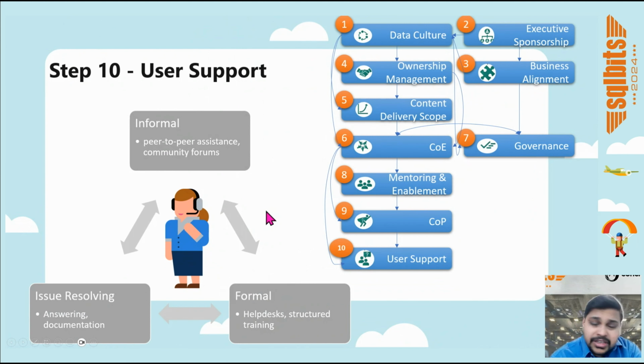And the last one is issue resolving. In case a user has any issues, you need to know where you can collaborate, where you can foster all of the things together, and you are answering everything right as your centralized documentation, and you are doing that as user support day in and day out.